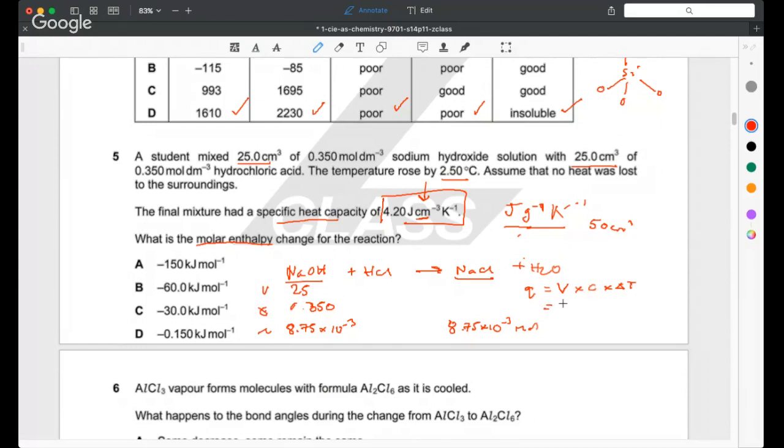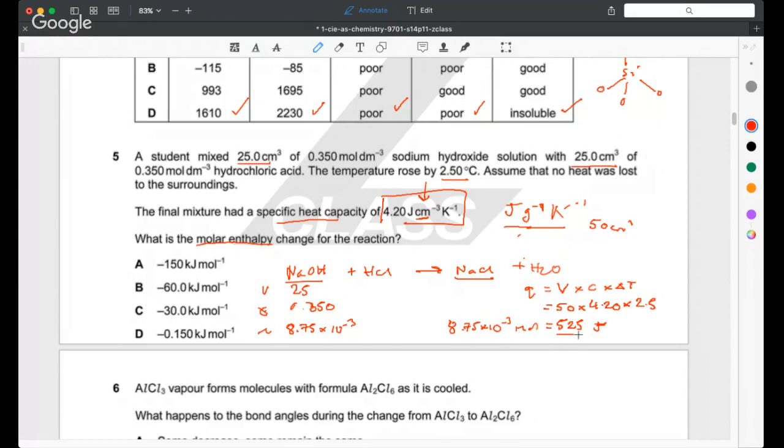So our volume was 50 centimeters cubed, and the specific heat capacity is 4.20 joules per centimeter cubed per Kelvin, and the temperature change is 2.5 Kelvin, because 2.5 Kelvin is the same as 2.5 degrees Celsius. So you do all that, and you find that the heat released, assuming none was lost, is 525 joules.